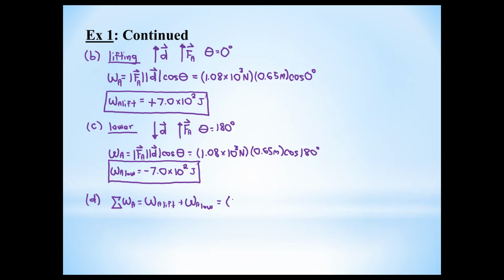Therefore, this would be equal to positive 7.0 times 10 squared joules plus, in lowering, it's negative work, so negative 7.0 times 10 squared joules. And then the net work done by the applied force would just be nothing.